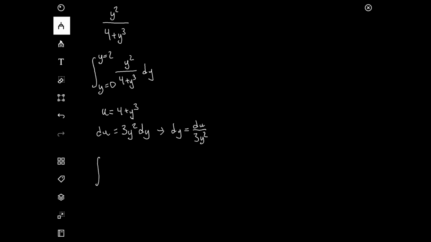So for the limits of our definite integral, they're not going to be 0 and 2 anymore. Instead, they're going to be whatever 0 and 2 would be after we plug them into u. So we're going to say 4 plus 0 to the third power and 4 plus 2 to the third power.